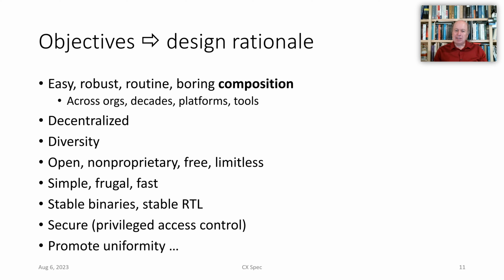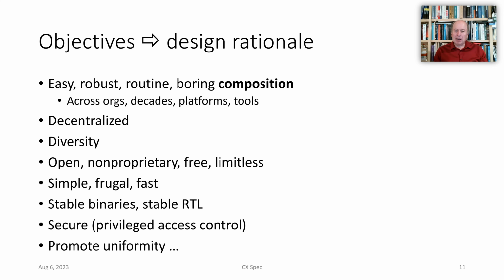We also wanted a decentralized solution with no central assigned naming or numbering authority, no gatekeeping, and no asking for permission. We wanted to accommodate a diversity of RISC-V systems and workloads, from tiny MCUs to many core Linux servers. We wanted interfaces that are open and non-proprietary and free, so that extensions can be reused across platforms and tool stacks.